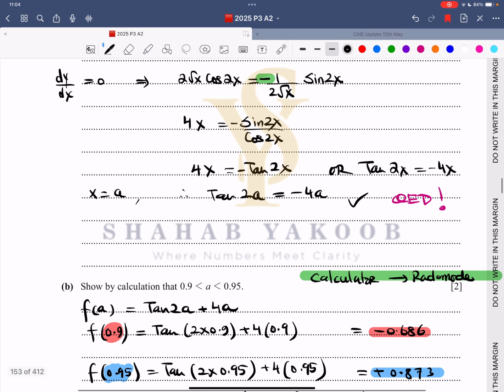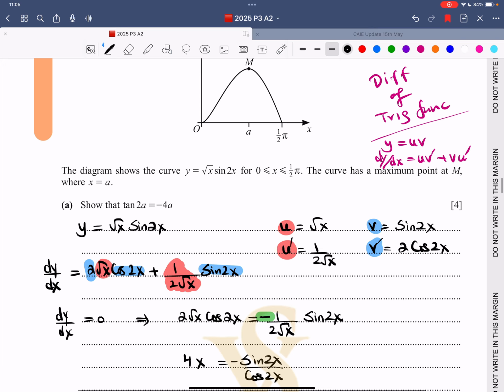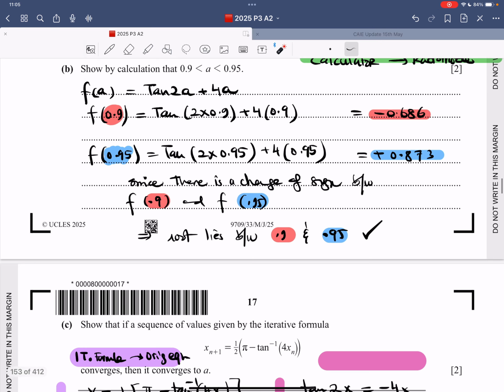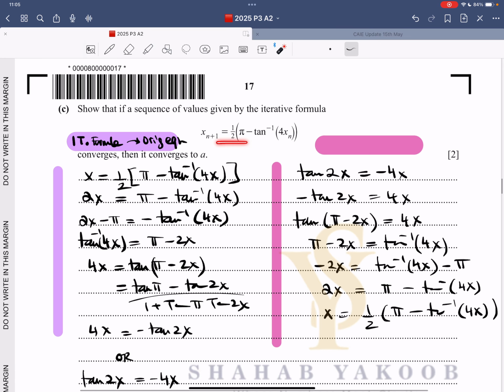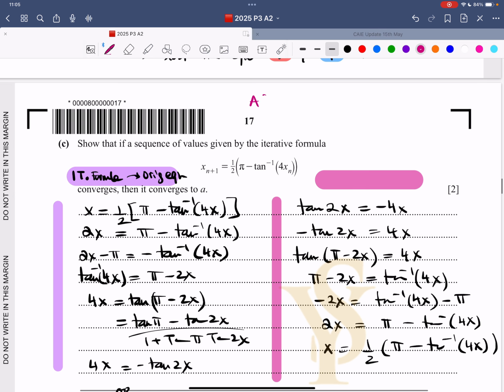Now first of all, what is the original equation? The original equation is tangent 2x equals negative 4x. So that is the iterative formula. Now when we have the iterative formula, we say that after successive iterations, that's the name of this process, the input value and the output value become the same.